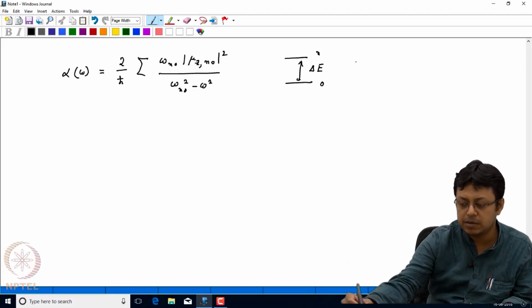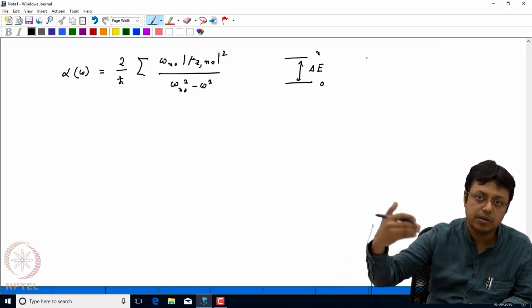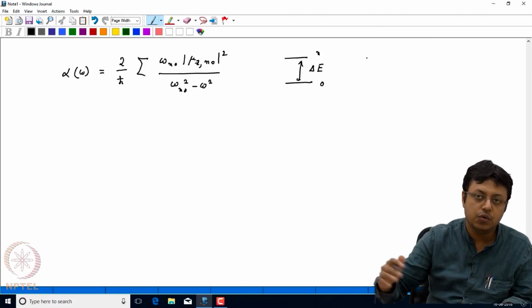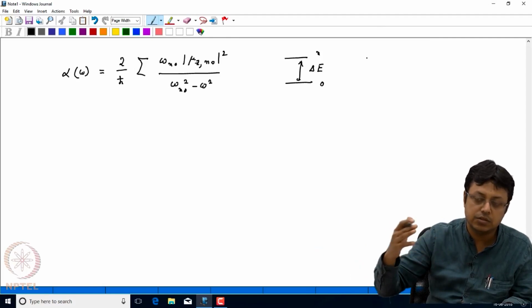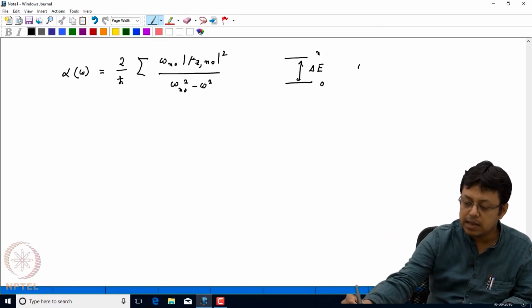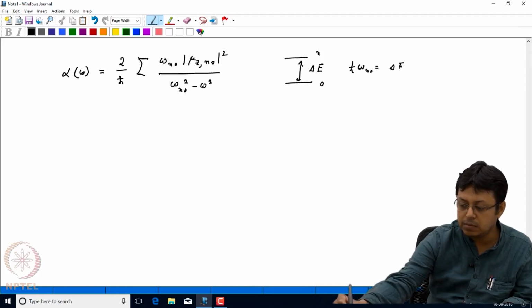As we said, any spectroscopic transition can be connected to creating an induced dipole moment. So h bar omega n0 is nothing but delta E n0.